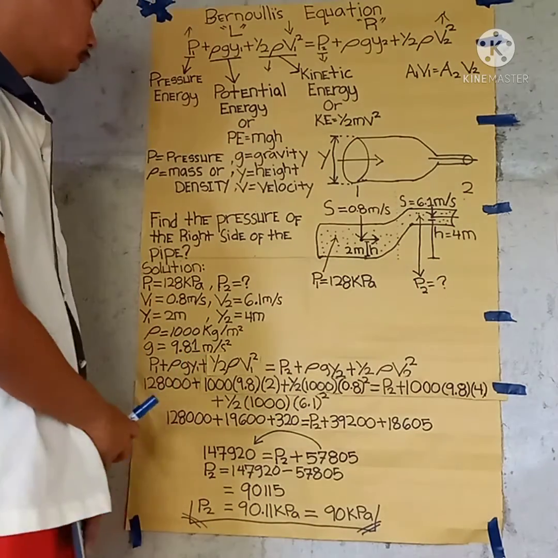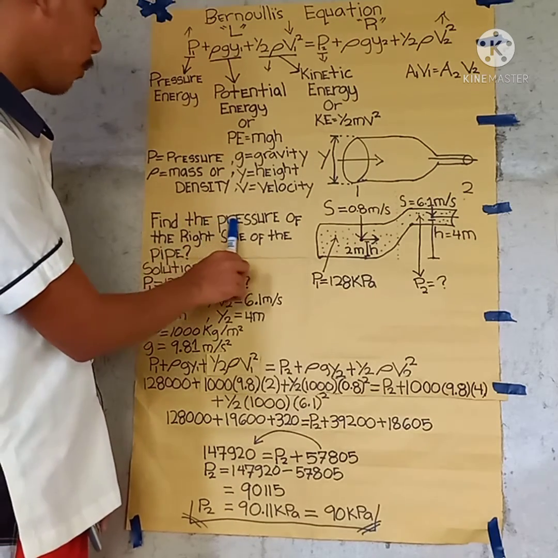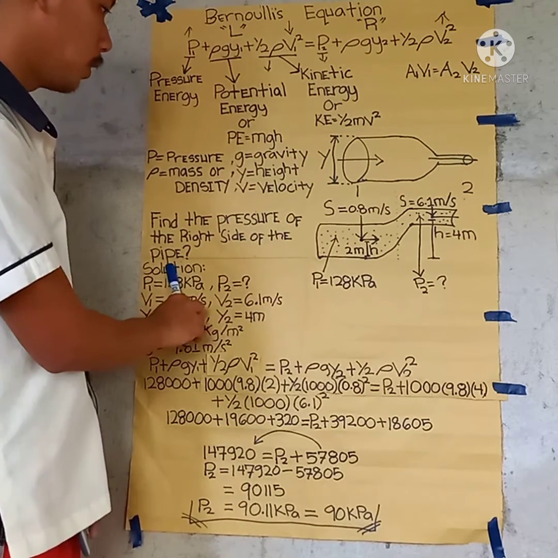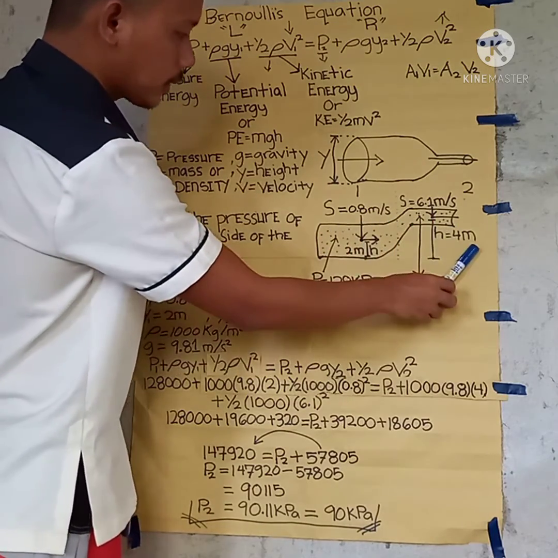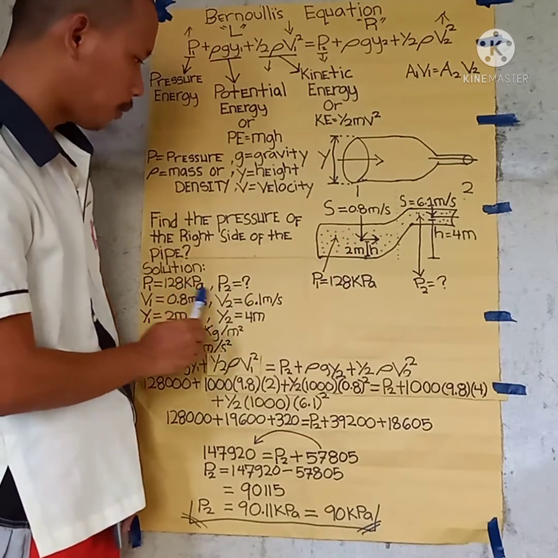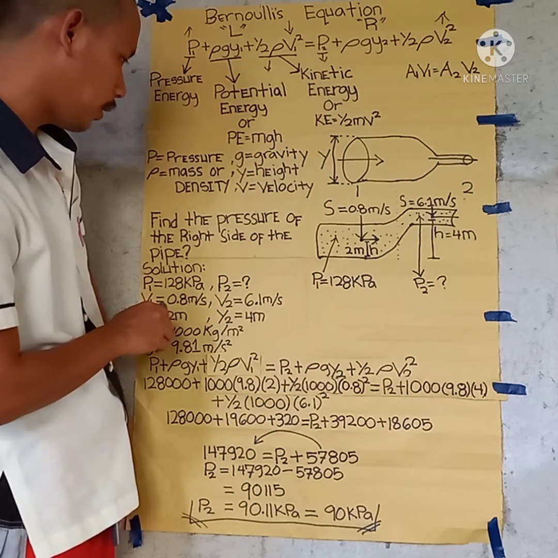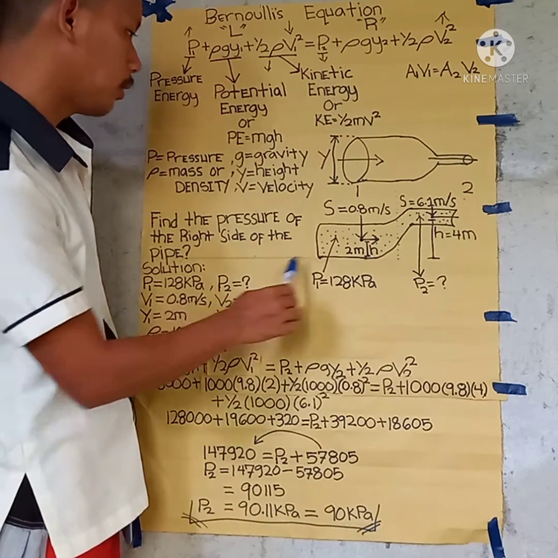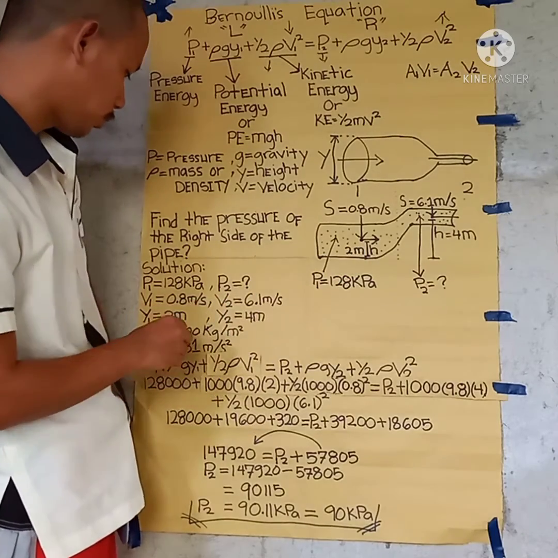So for example, find the pressure of the right side of the pipe. So nakay 5 diri, left side ug right side. So ang sa left side nakay given nga 128 kilopascal ug velocity nga 0.8 meter per second. So nasa kay height niya which is 2 meter.